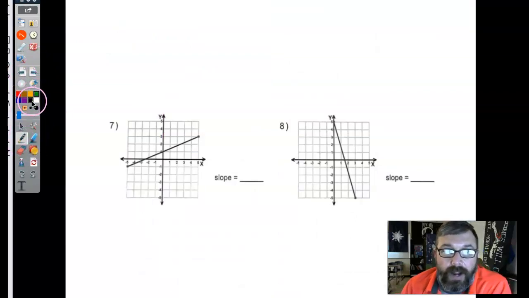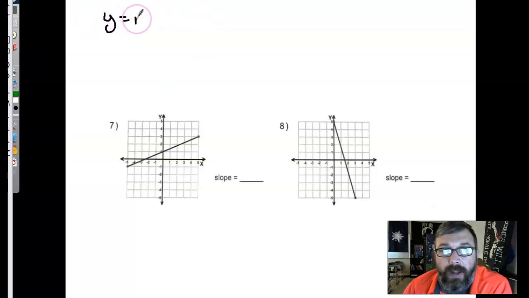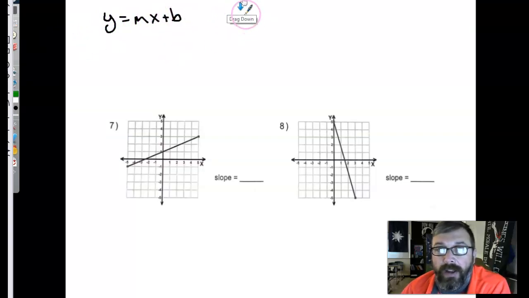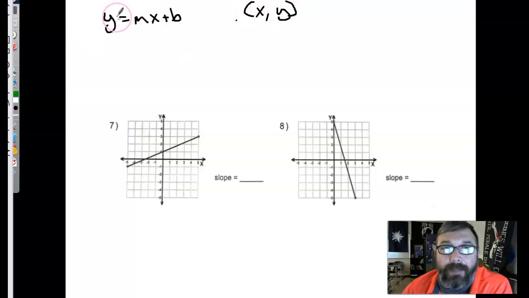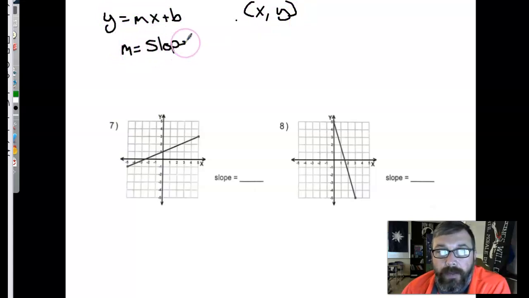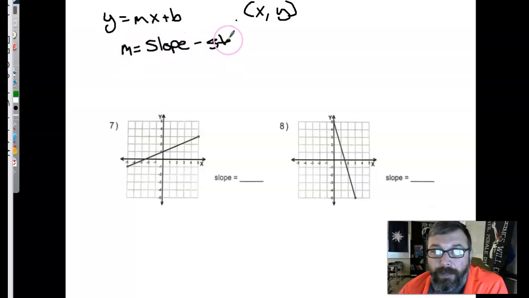So if I was saying the equation of a line is y equals mx plus b, and we've already decided that x and y are a point on the line, then I'm going to say this is true where m equals the slope. More specifically, slope is going to be the steepness of a line.